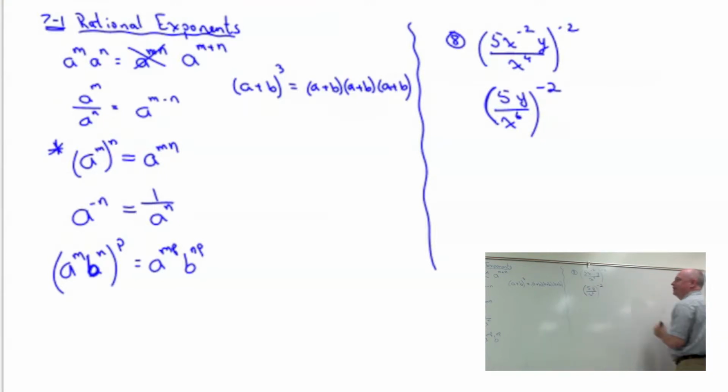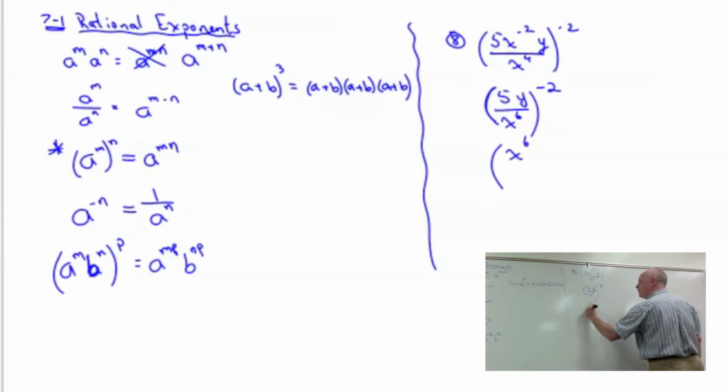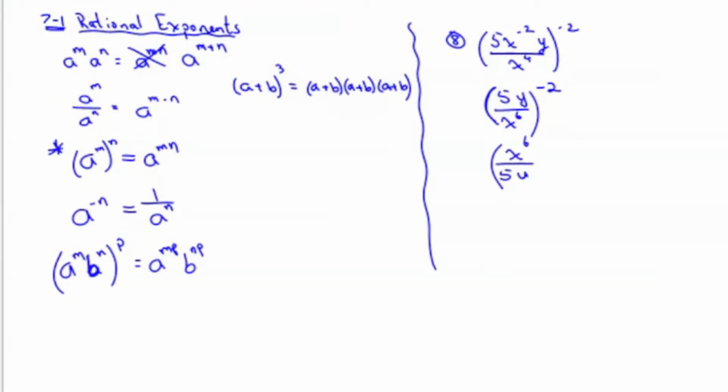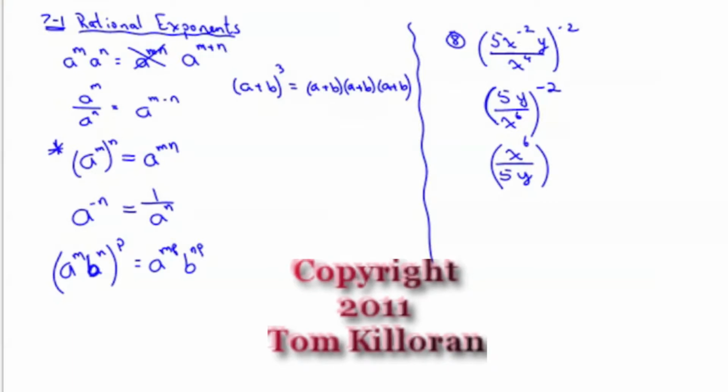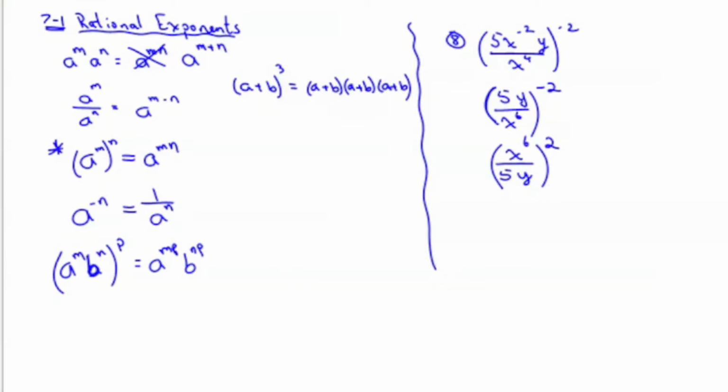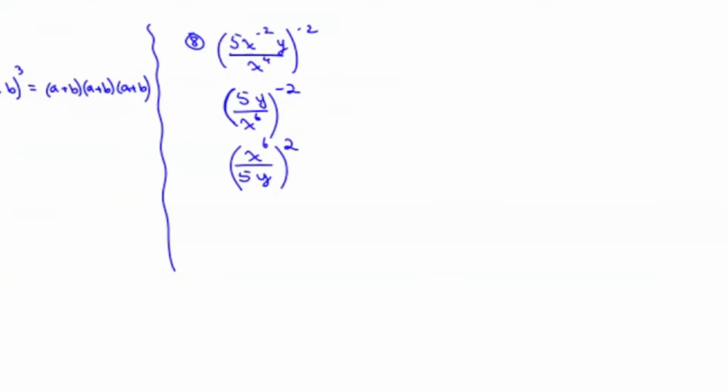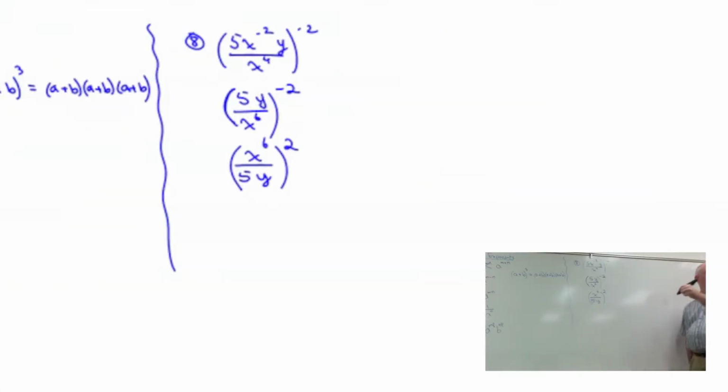Now what should we do? Now you can flip it. So the reciprocal makes this x to the 6 over 5y. Now it's raised to the positive 2. Now what can we do? Square everything. Power to a power, you multiply.